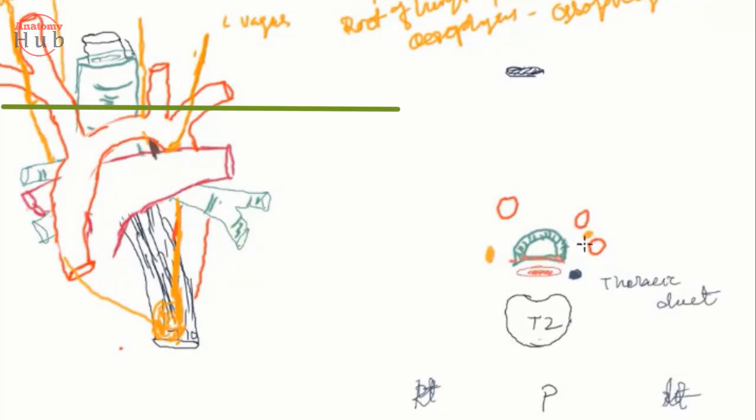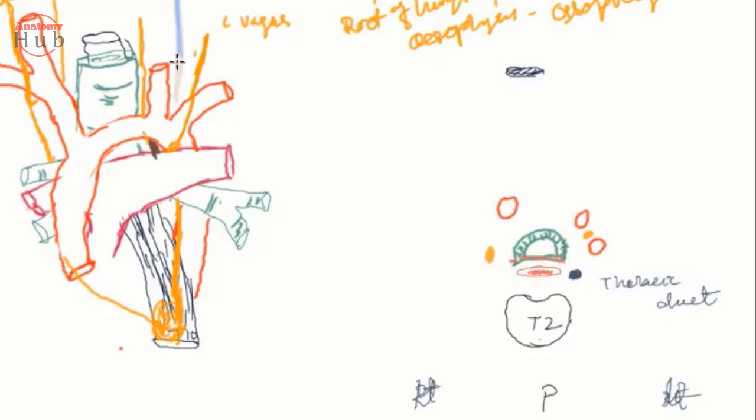The left vagus nerve is present in between the left common carotid artery and the left subclavian artery, and the right one is present just beside the trachea. That's why I have drawn it here. Like that you will find another nerve that will descend downward at the left common carotid artery.